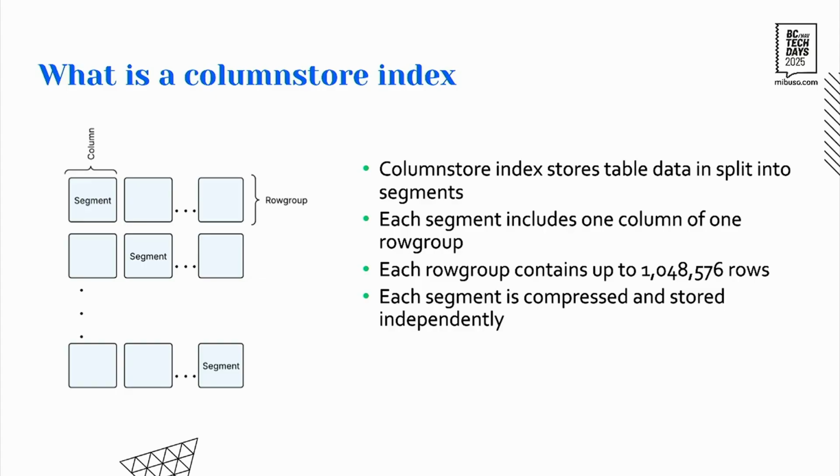In this way, we end up with this kind of segment structure. What I'm calling a brick here is officially called a segment. A segment of a column store index consists of two dimensions: a column and a row group of 1 million rows. Not rows, actually values from this column.